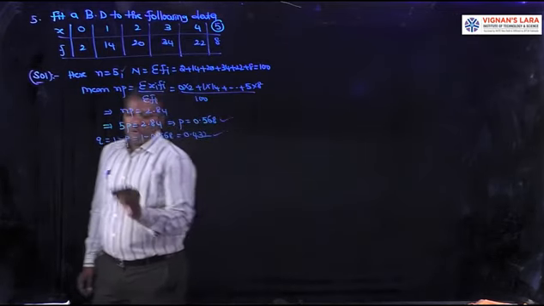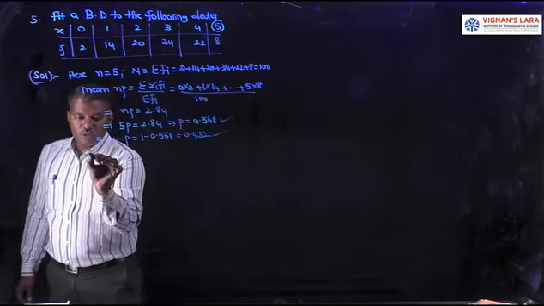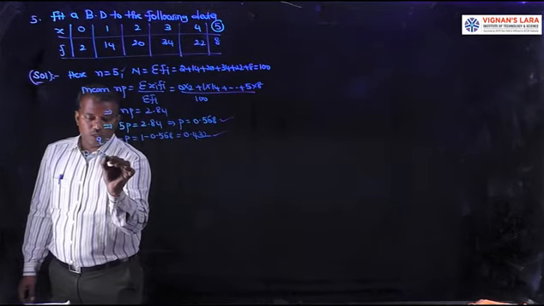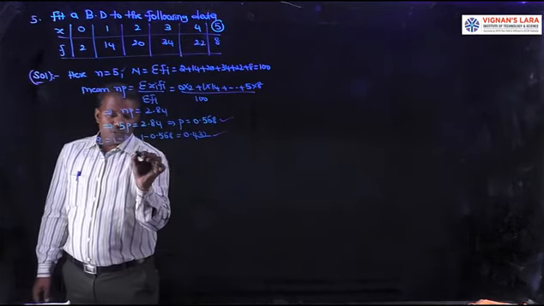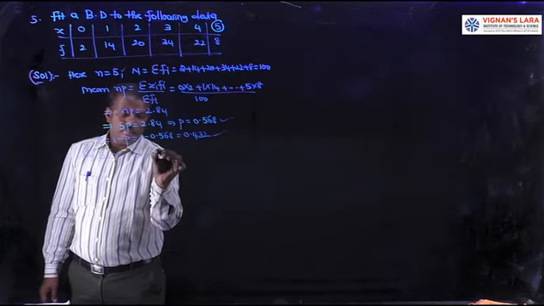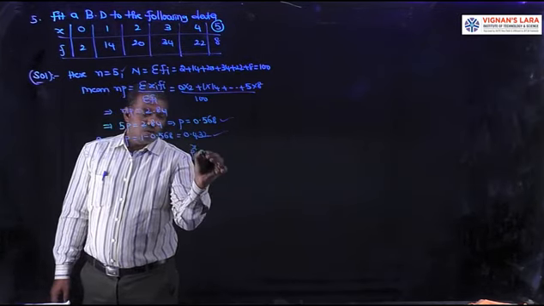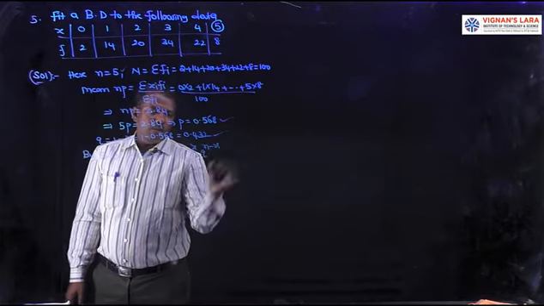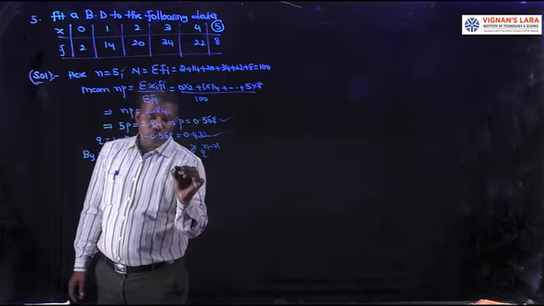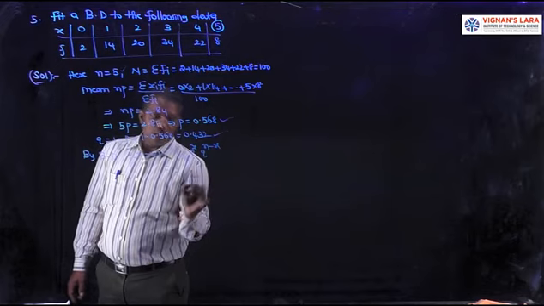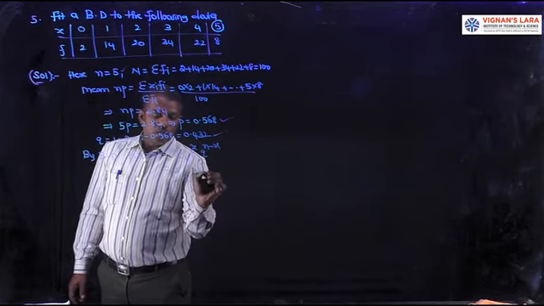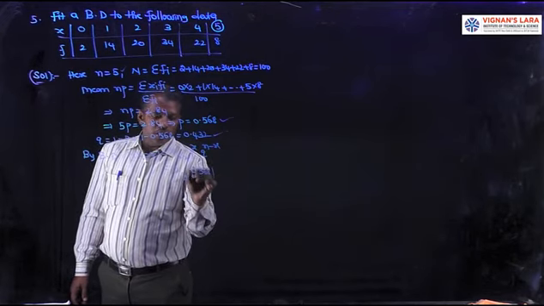Then fit a binomial distribution. What is the binomial distribution formula? By binomial distribution, P of X equal to x is nCx p power x q power n minus x. What is n here? 5. Cx. What about p? 0.568 whole power x.